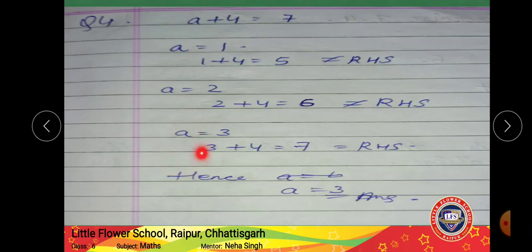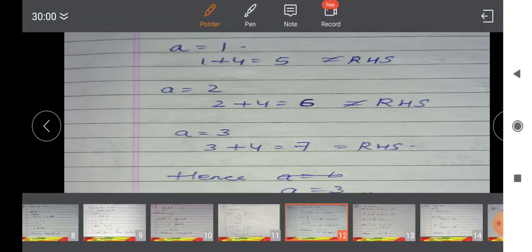So let us take the number 3. Now 3 plus 4 is 7, which is equal to the RHS, means the value of a is 3. This is called the hit and trial method. You are putting the values and checking, you are doing the trials to see whether we are getting the RHS or not. Okay, so that's why this is called the hit and trial method.